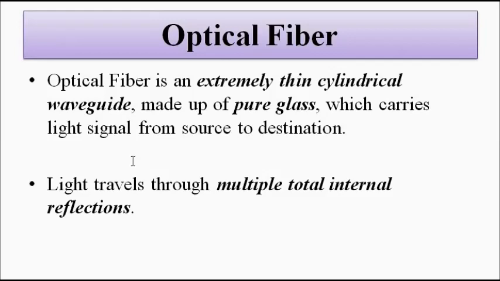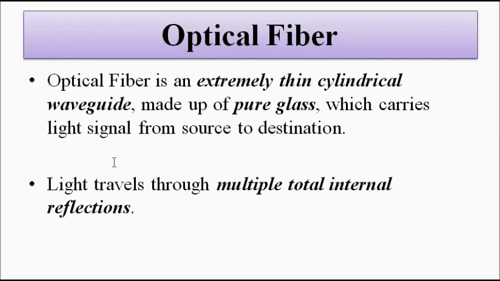Like in basic communication systems, the atmosphere is used, the electromagnetic various frequencies are used. In the atmosphere it is transmitted, or we use copper cables, twisted pair cables or coaxial cables. Similarly, optical fibers are used in optoelectronics to carry the light signal from source to destination.